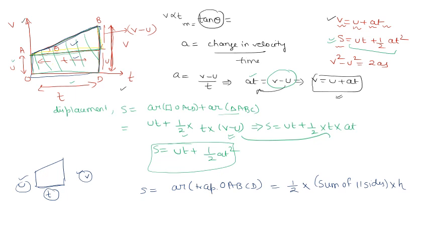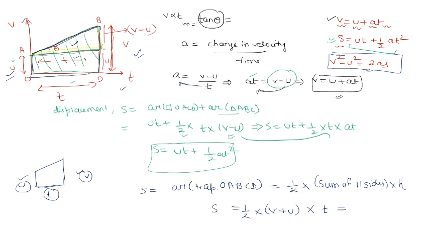So if we put here half the sum of parallel sides, I just told you that on this side u and v are parallel, so we can write v plus u. Then you have the height. Height is what? t. But now we have to prove v square minus u square = 2as, and it doesn't have any t. So again, remove t. If you take it from the first equation, what will t be?